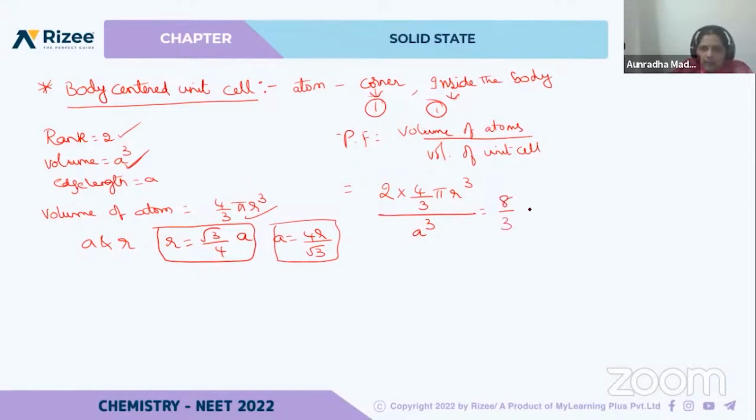So simply by substituting the value of either R or A, what happens? 8/3 pi R cube by A value, which is 4R/√3 whole cube. We need to rearrange everything.